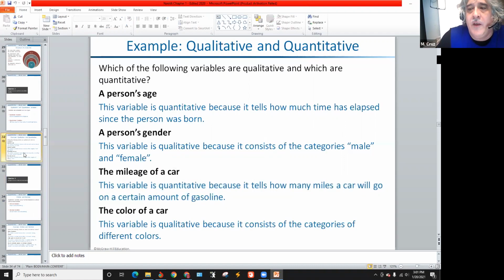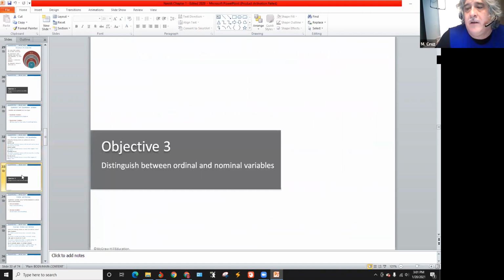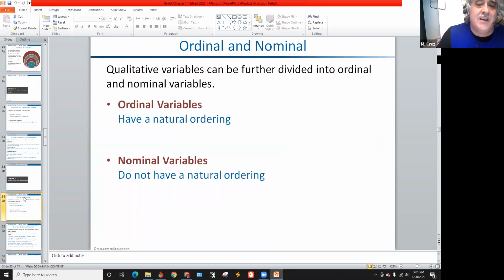Now, within the category of qualitative data, we've got ordinal and nominal. And these things are just naturally occurring, essentially. If we think of things like first, second, and third place, those are qualitative values, but they have a natural ordering to them.